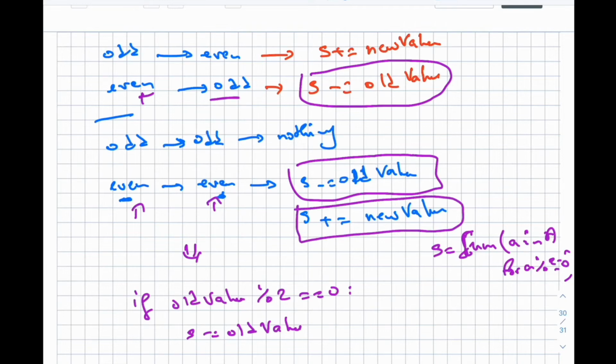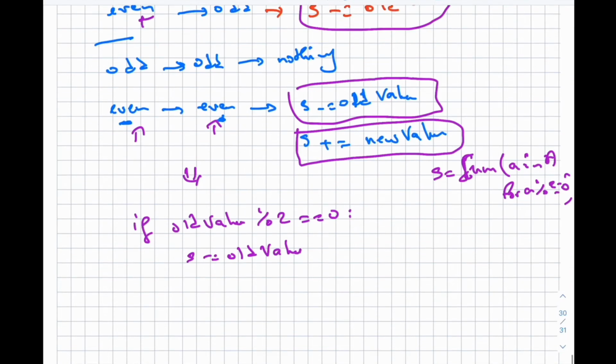But if it's add, we don't do anything. So you can see that applies to this case, even, we add the new value. If it's add, we do nothing. We just subtract the old value, but we do nothing with the new value, right? Which makes sense. We want to only sum the even values.